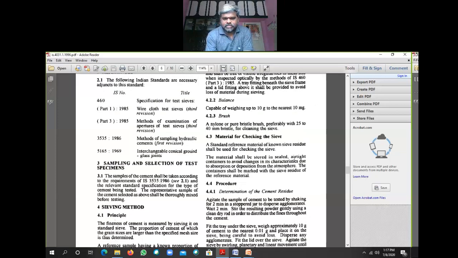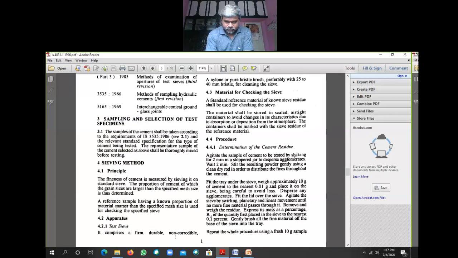See the procedure: a sample of cement of around 100 grams is taken, and you have to shake, that is sieve, for 2 minutes. Feed the tray with approximately 10 grams of cement, weighed to the nearest 0.01 grams.